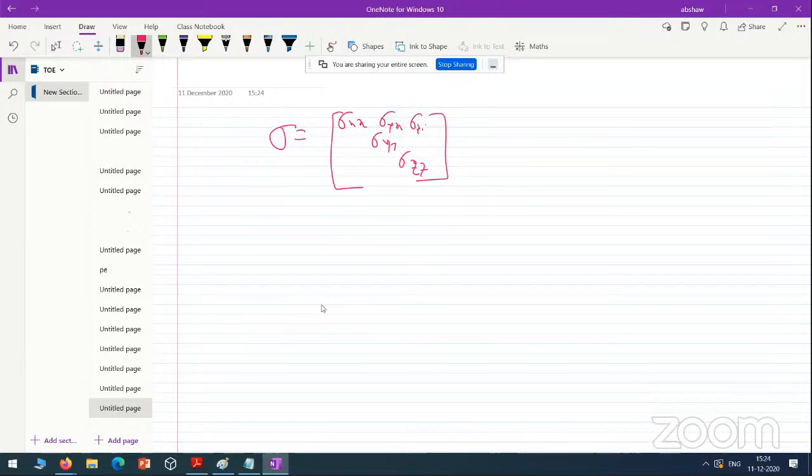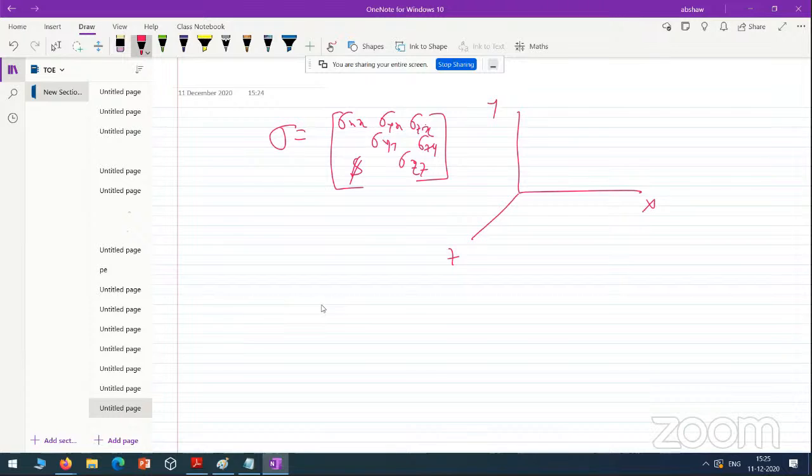Then you have a symmetric matrix here. Sigma yx is equal to sigma xy; we can derive this from moment equilibrium. Now, this is when we express stress at a point with respect to the x, y, and z coordinate system, right?